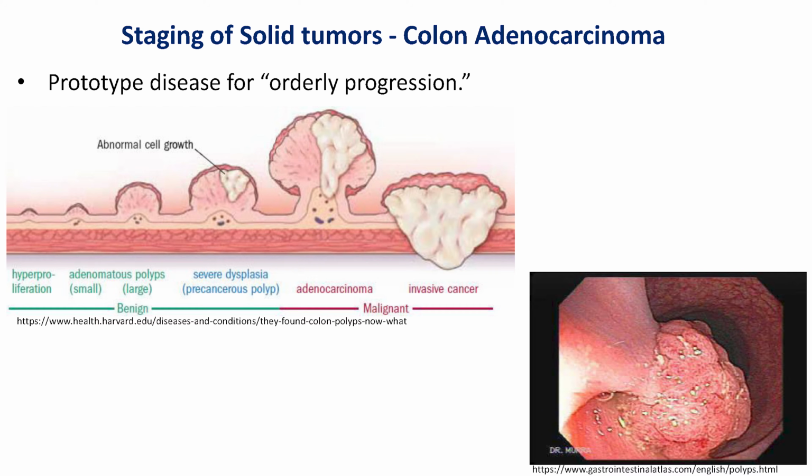At this stage, this is probably benign. You can see it's connected by this little stalk to the rest of the bowel. If you find that there, you can put a little loop around it, whip it off, and you're done. The disease is cured. You may never develop cancer.